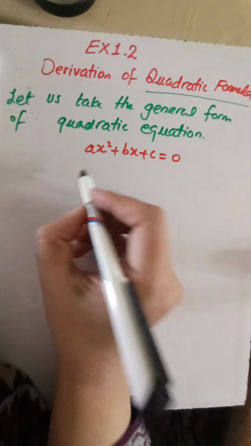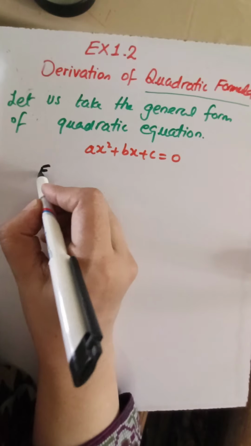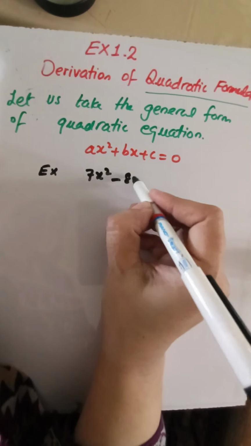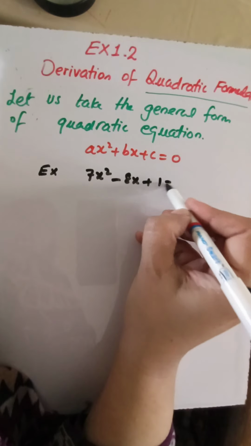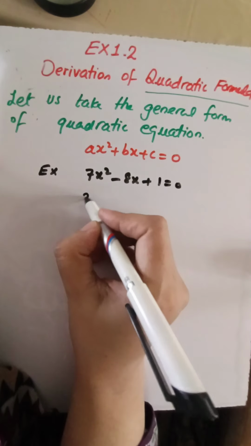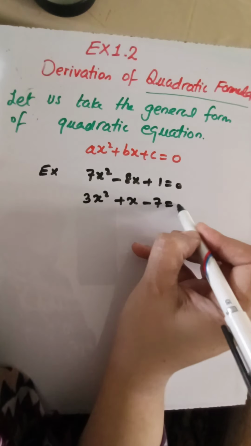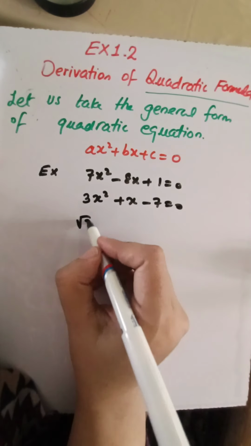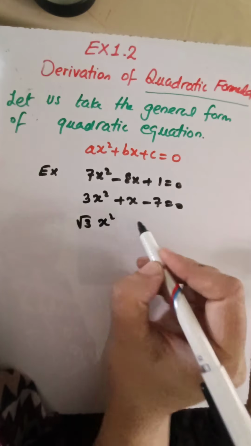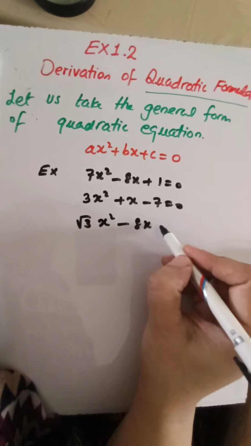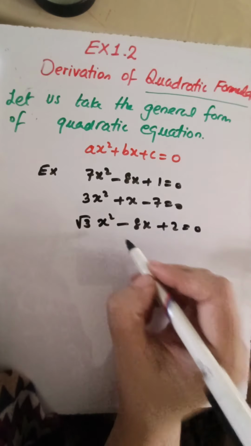Now, if I take different examples of quadratic equations, suppose let us say 7x square minus 8x plus 1 is equal to 0, and let me take another, under root 3 x square minus 8x plus 2 is equal to 0, and so on.